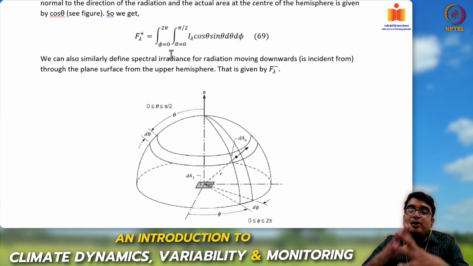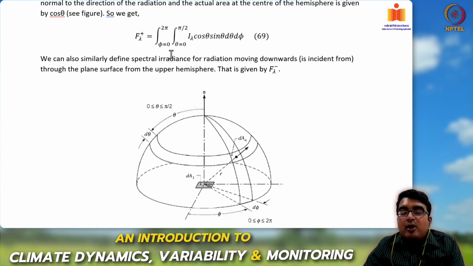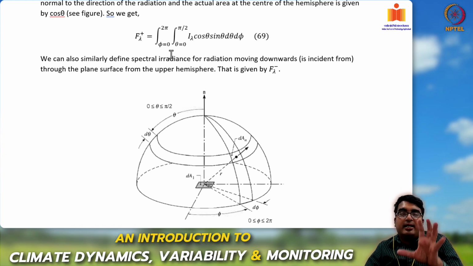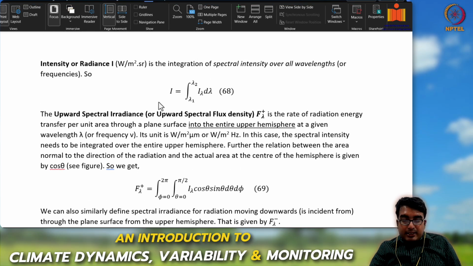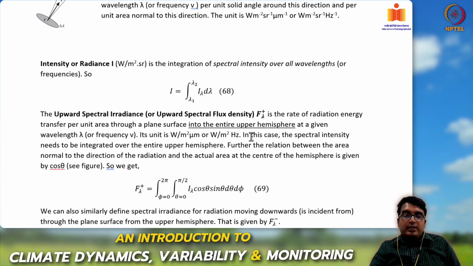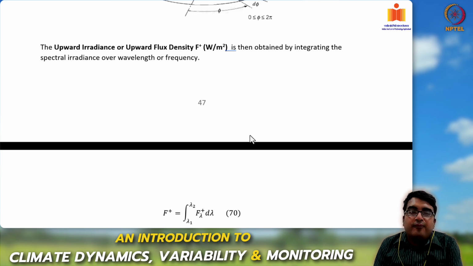So this is an integral over this entire angular structure that is covering the hemisphere. Once this double integration is done, the final value is the upward spectral irradiance, or the upward flux density.